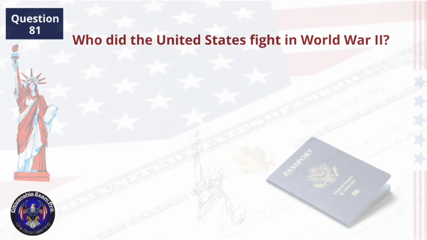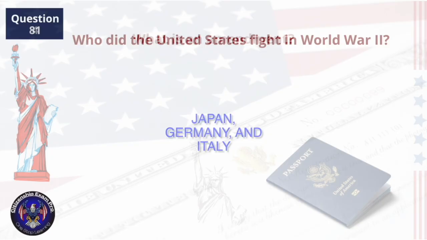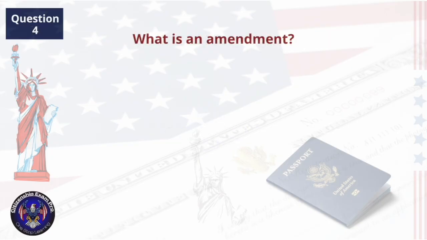Who did the United States fight in World War II? Japan, Germany, and Italy. What is an amendment?